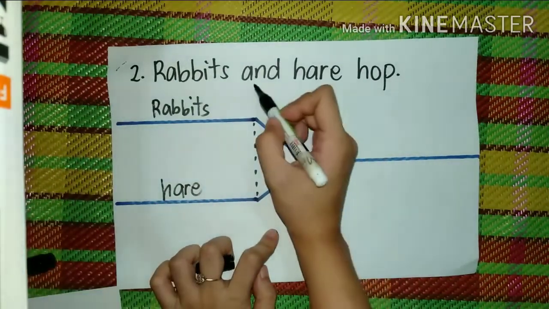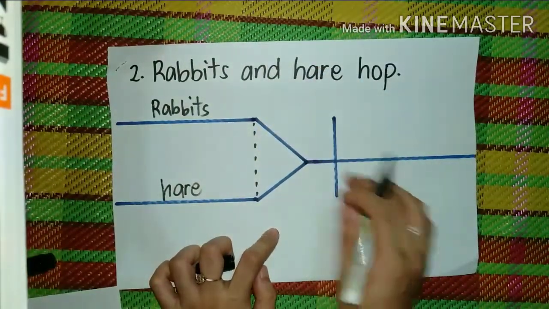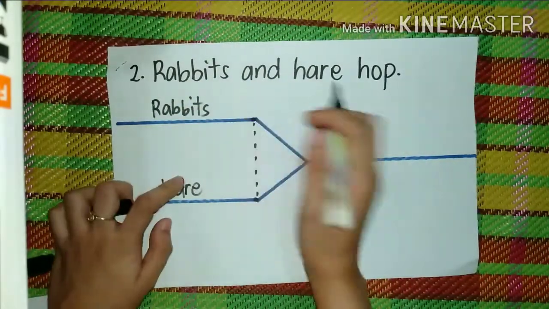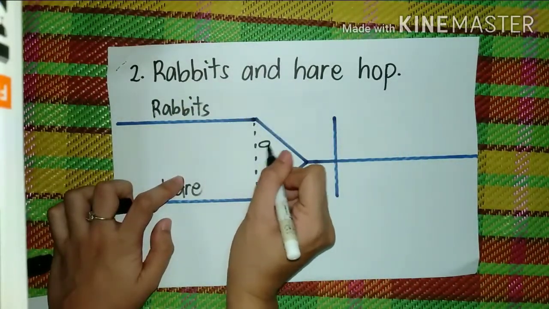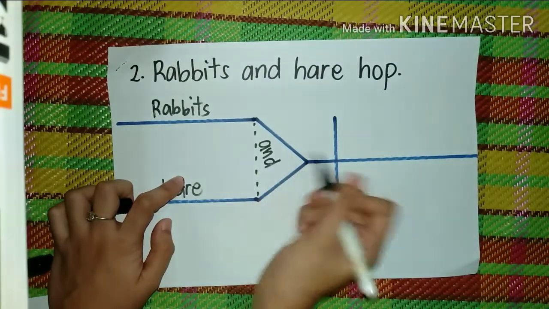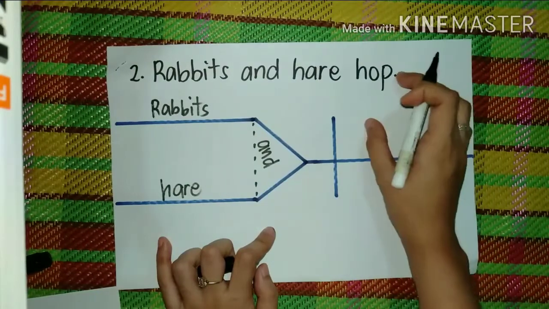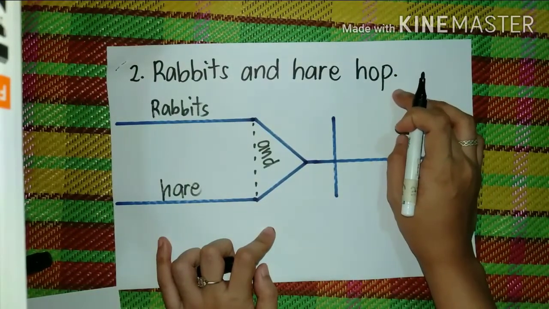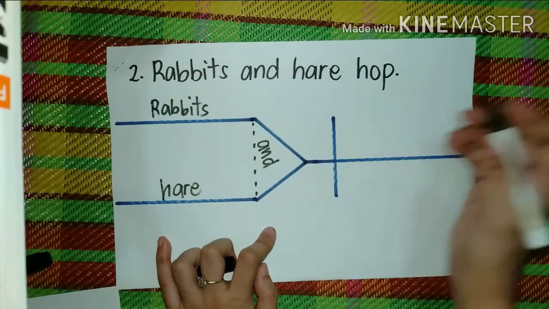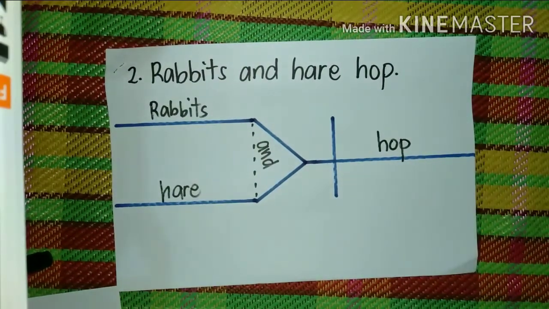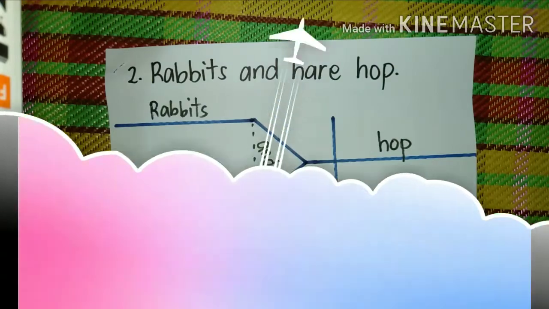And since the word and connects these two subjects, this will be the conjunction of the sentence. So you just have to write it here. And since we only have here a verb, which is the word hop, we can put it already on this part. And that's it.